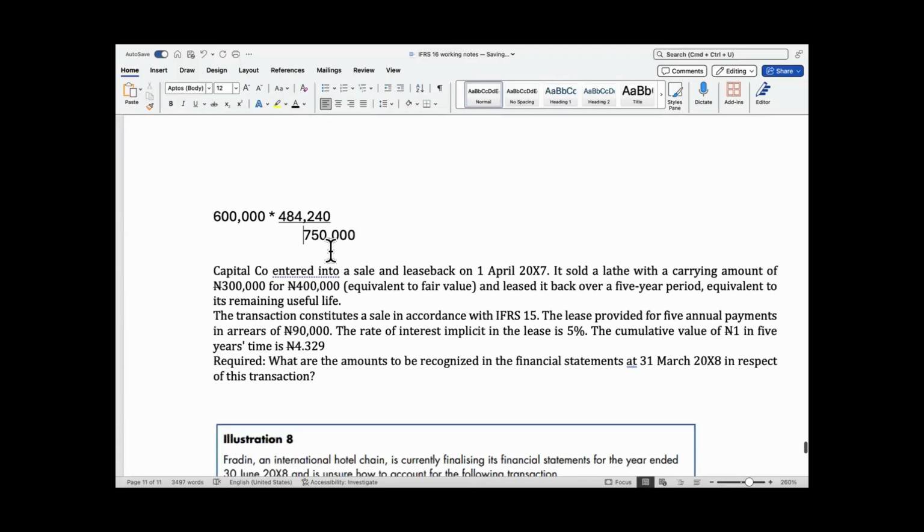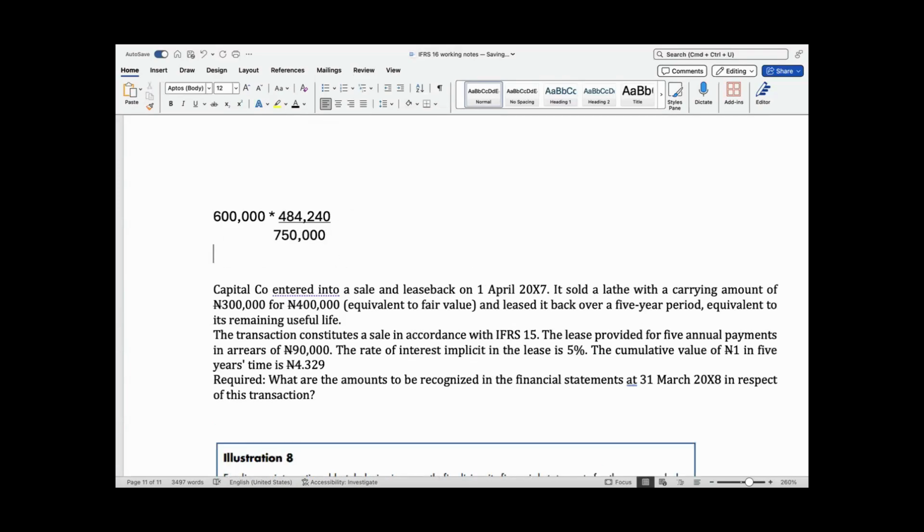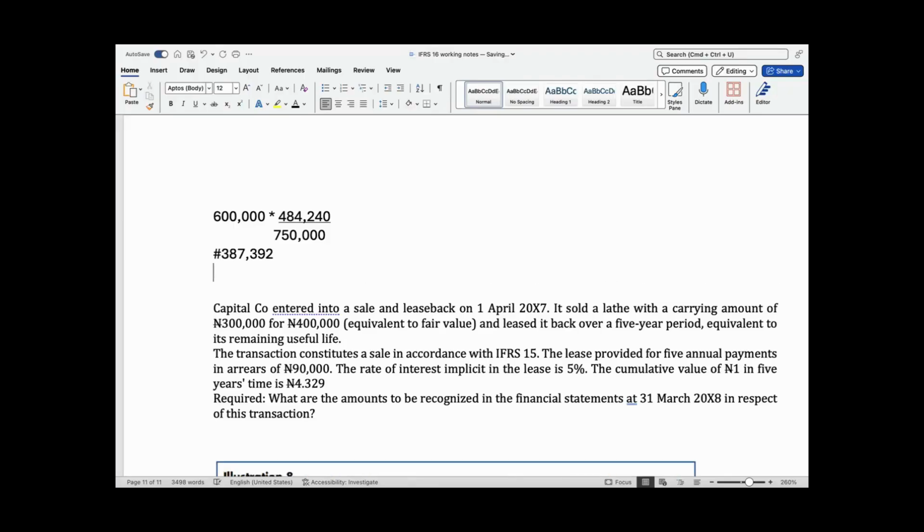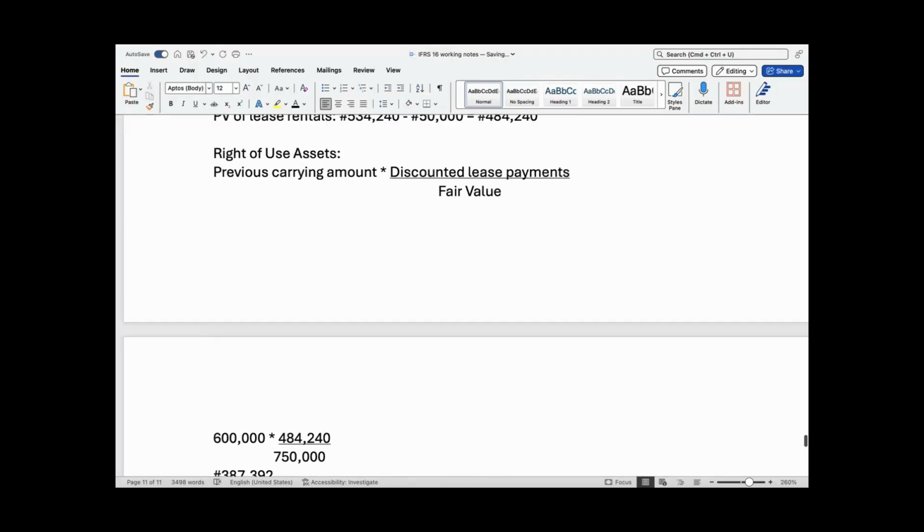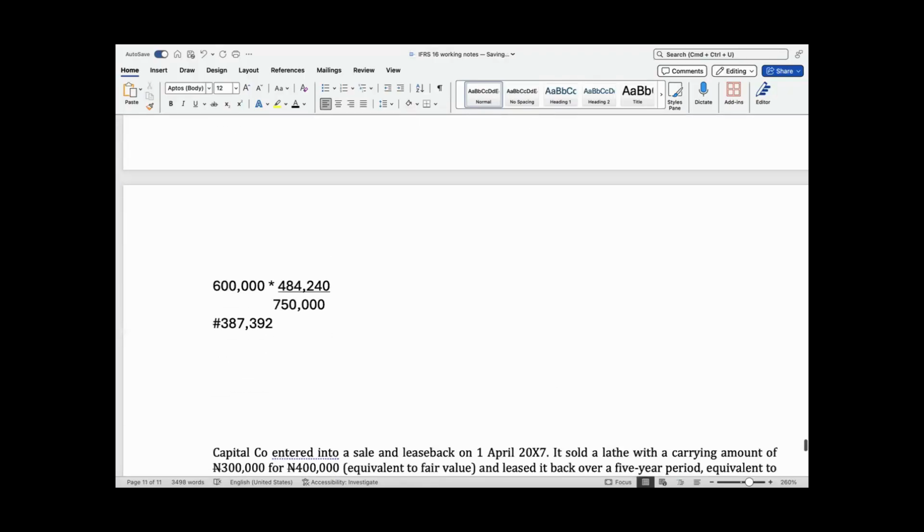So if I punch my calculator, this 484, I divide it by 750,000, then I multiply it by 600,000. It gives me 387,392. That's my right of use asset.